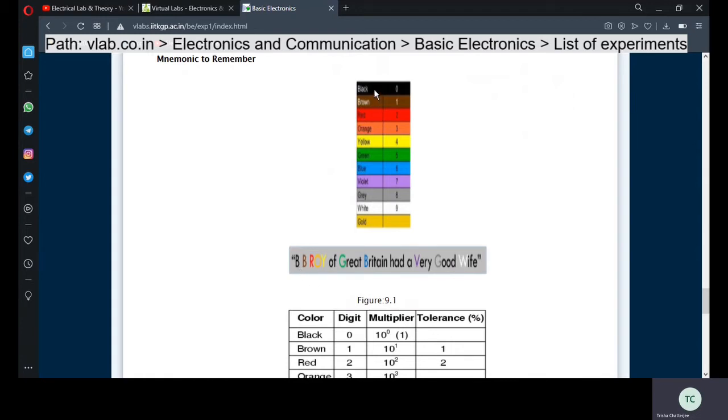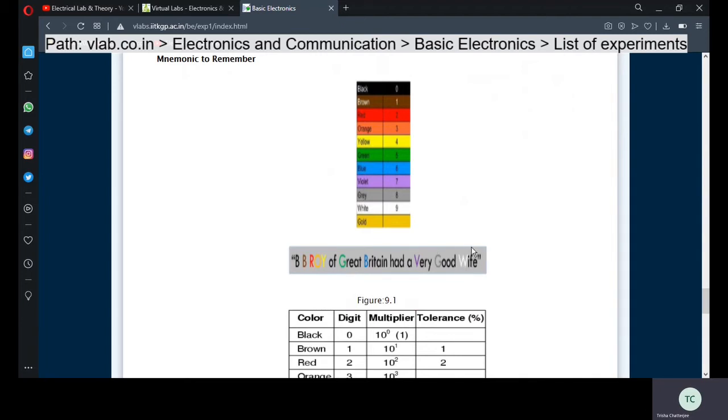The first B denotes black, the next B denotes brown, and ROY denotes red, orange, and yellow. The first G denotes green, then B denotes blue, V denotes violet, and the second G, which is "good", denotes the gray color.